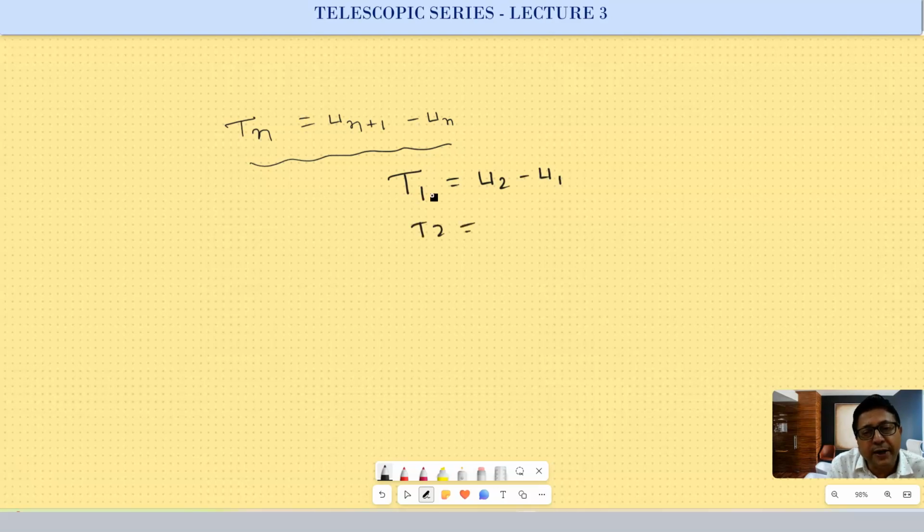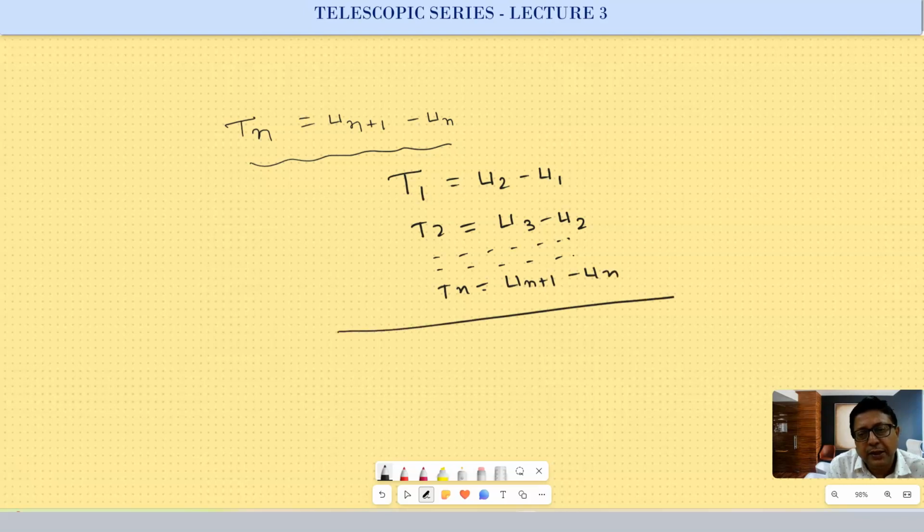T2 is, I just remind you because our calculation will be easier if you remember, the sum of these terms here. Tn is what? It is u(n+1) minus u(n), and when you are finding Sn as sigma Tn, I mean the sum of these terms, finally it is u(n+1) minus u1.